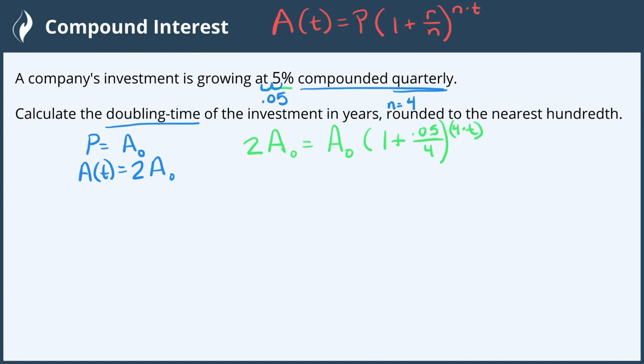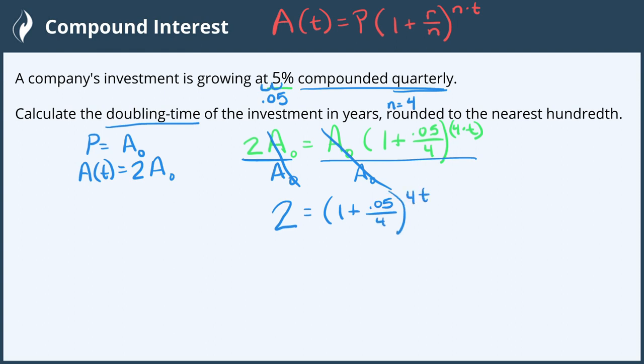Now we need to solve for t, and let's do that by first dividing both sides by a sub naught or a at time 0, which we'll see cancels out on both sides, which means that we're looking for a doubling time with just 1 plus 0.05 over 4 raised to the 4t.